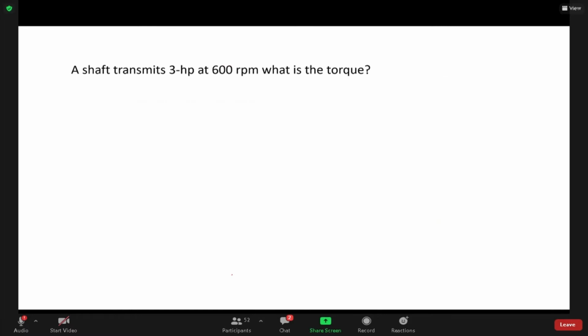Just as a super simple example, if you have a shaft that transmits 3 horsepower of power and rotates at 600 RPM, what is the torque in that shaft? We know that the torque is the power over the angular speed.